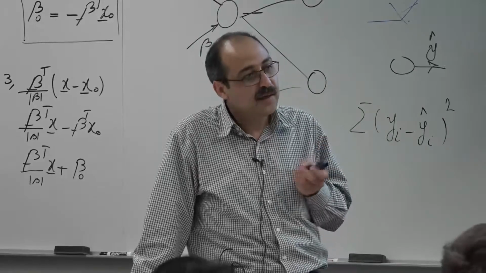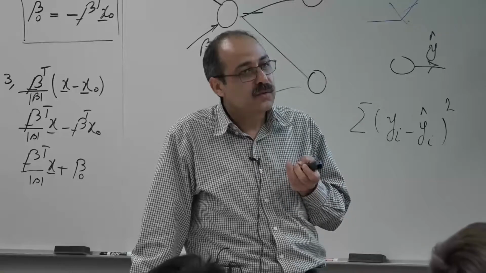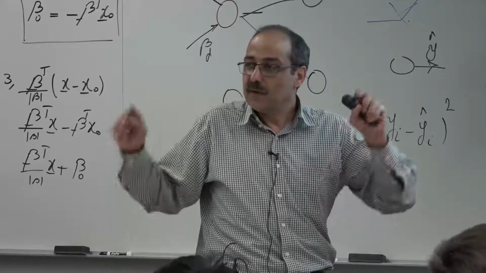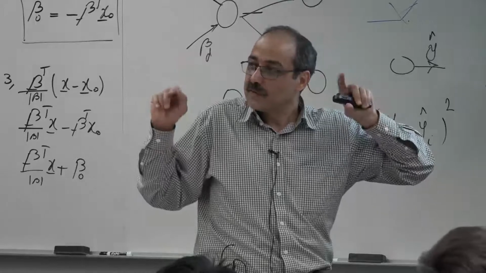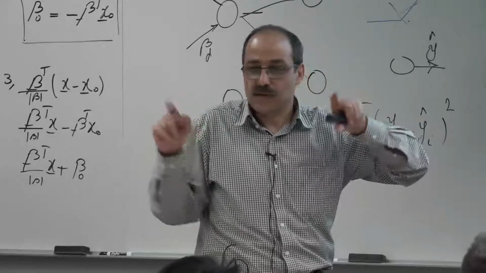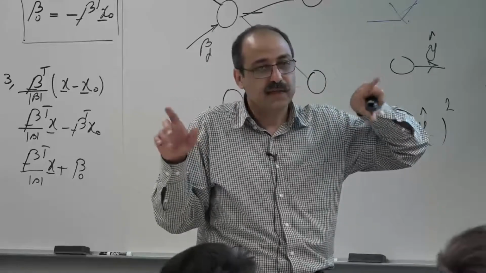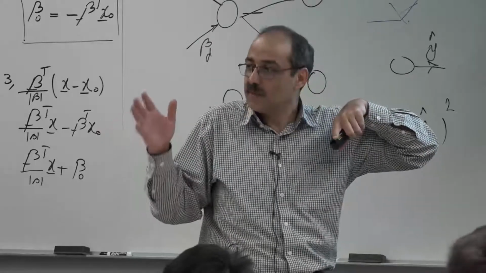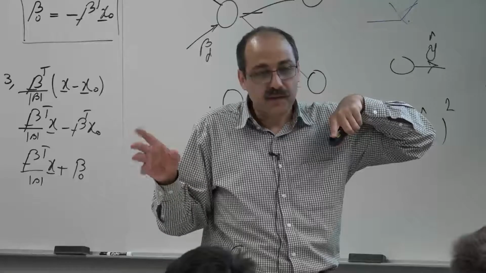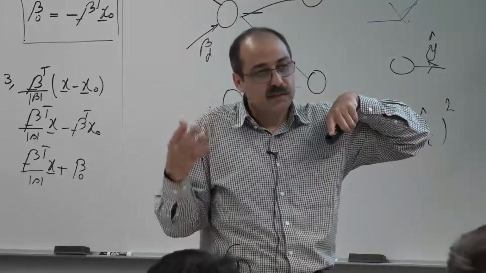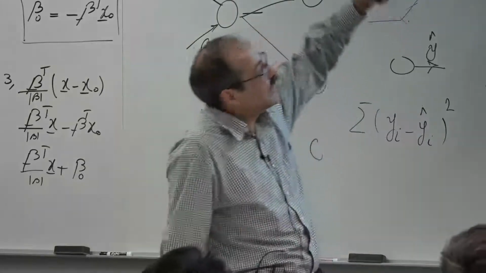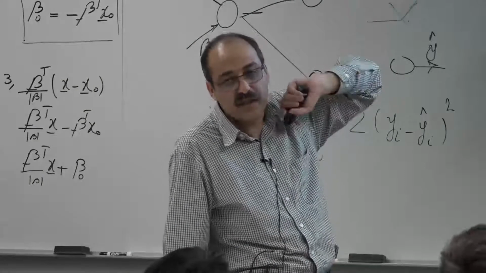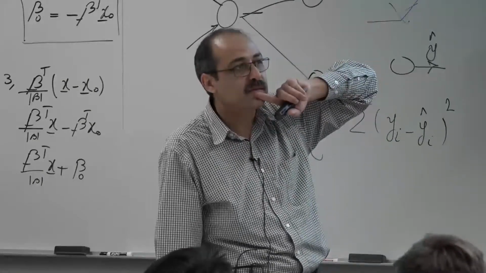So if you want a general rule and you're using TensorFlow or Keras or whatever package, most of the time ADAM would be the best choice you can have for optimization. That would be an extension of this stochastic gradient descent. We'll talk about it more in the next lecture.